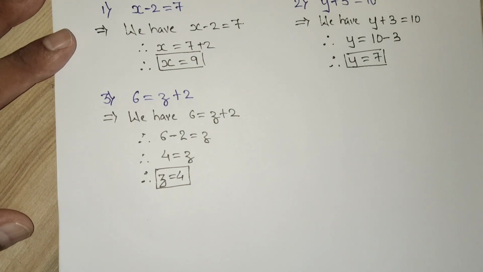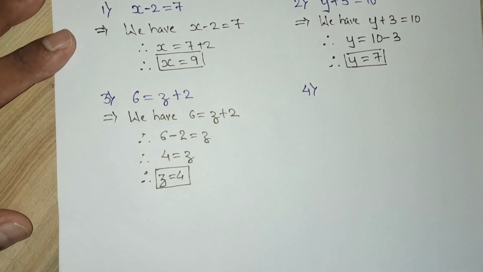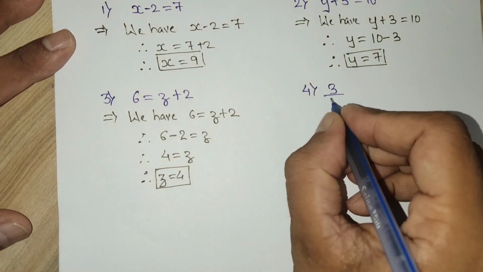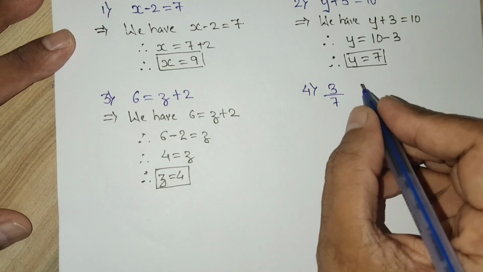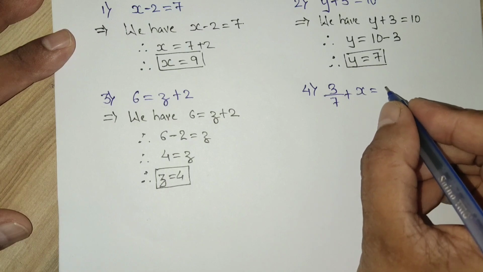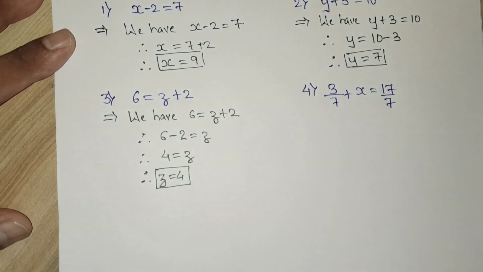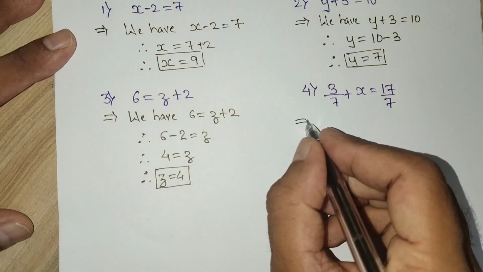Now question number 4. Question number 4 is 3 divided by 7 plus x is equal to 17 divided by 7. Same rule we are applying.